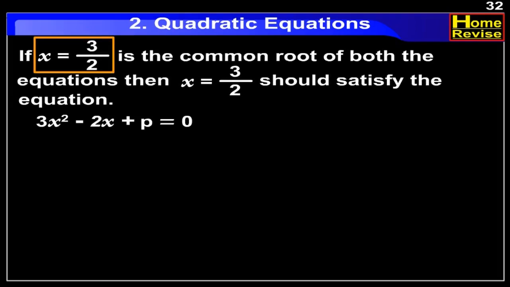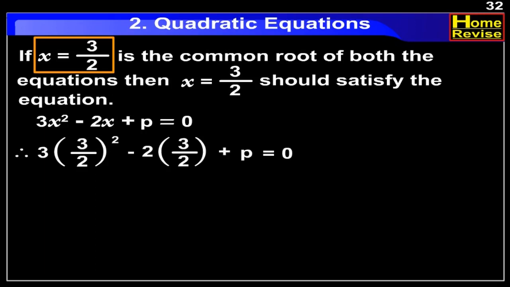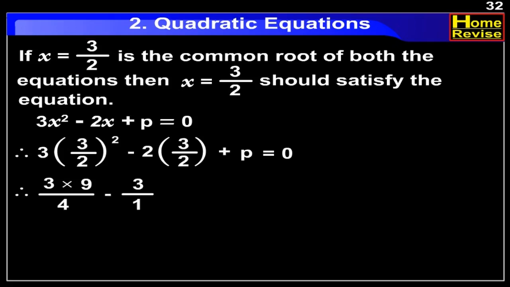Putting x is equal to 3 upon 2 in this equation, we get 3 into (3 upon 2) whole square minus 2 into 3 upon 2 plus p is equal to 0. Therefore, 3 into 9 upon 4 minus 3 upon 1 plus p is equal to 0.